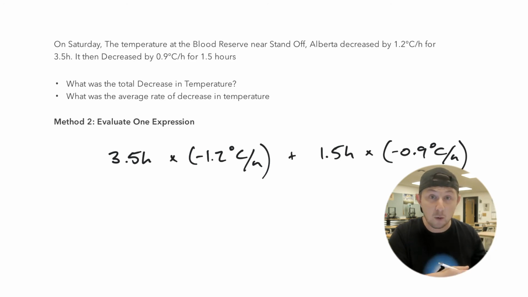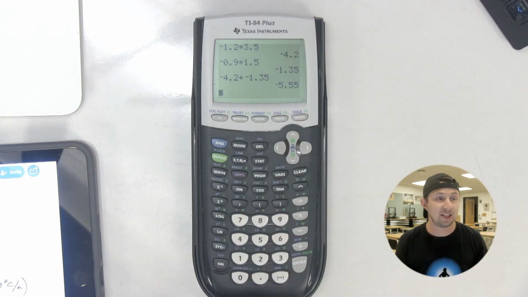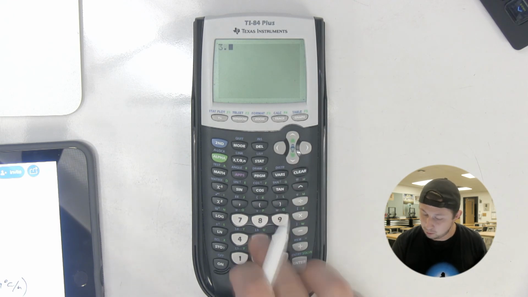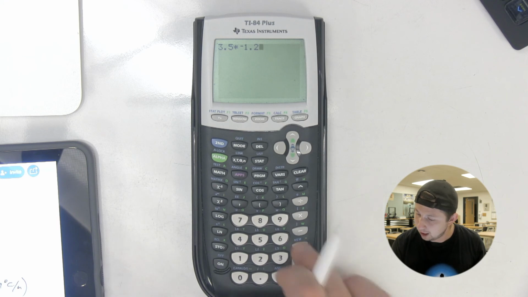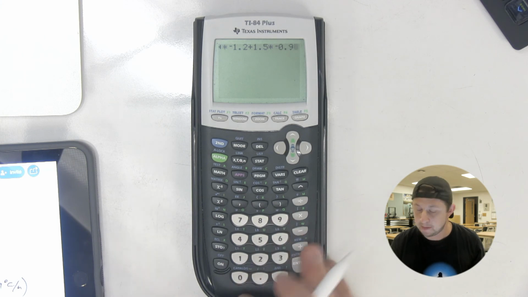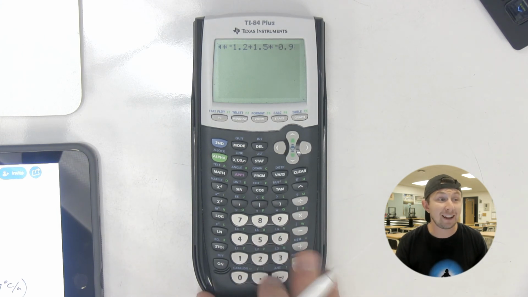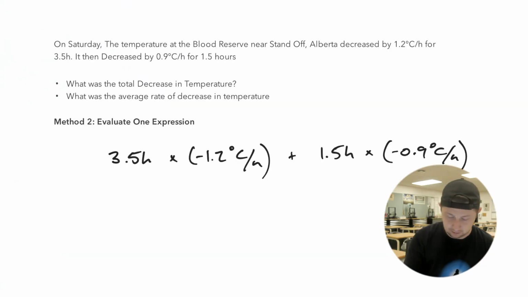Now, to me, I always prefer to break it down. I want to understand what's happening at each point. However, for some of you, you'd rather do it this way. So let's plug all of this into the calculator here. So we're going 3.5 times negative 1.2 plus 1.5 times negative 0.9. Just like that, if I punch this directly in, I'm going to get the exact same answer of negative 5.55.